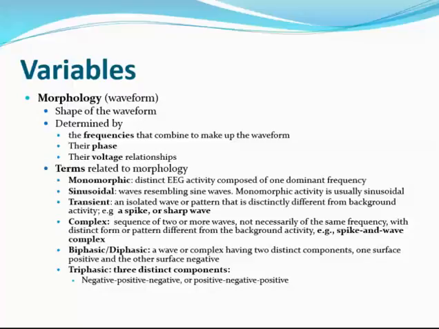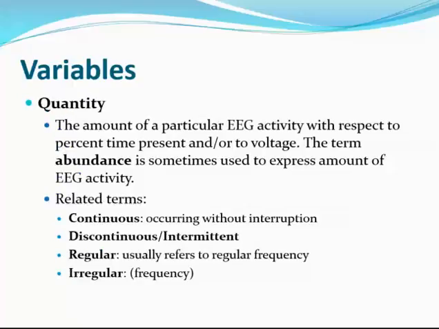Biphasic, or diphasic in some languages, is a wave or complex having two distinct components, one surface positive and the other surface negative. Triphasic has three distinct components: negative, positive, negative, or positive, negative, positive.